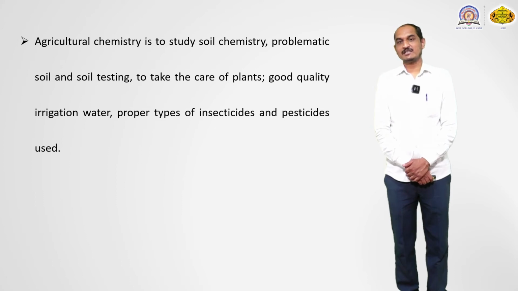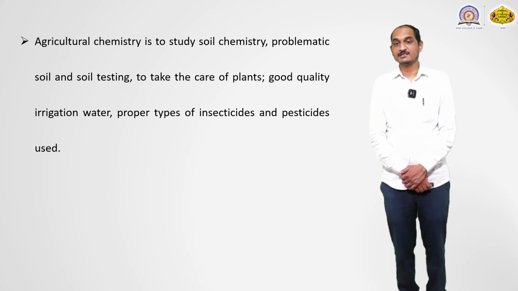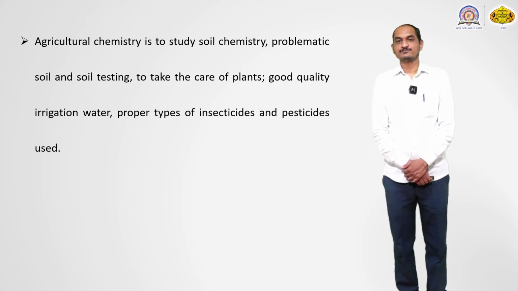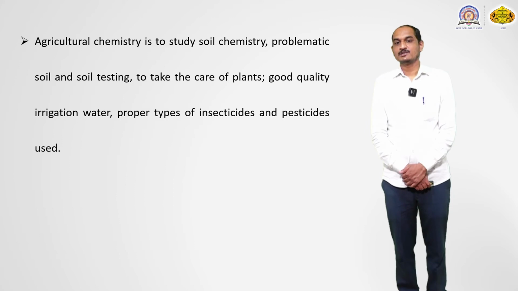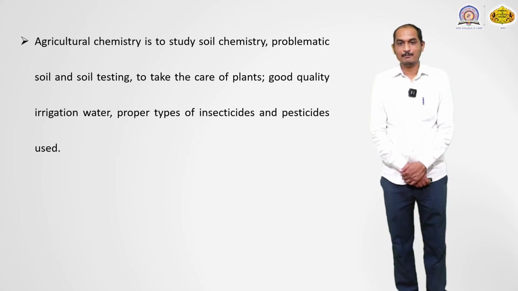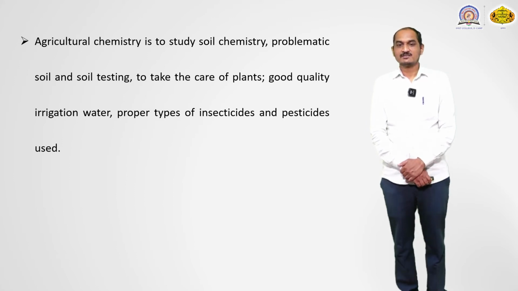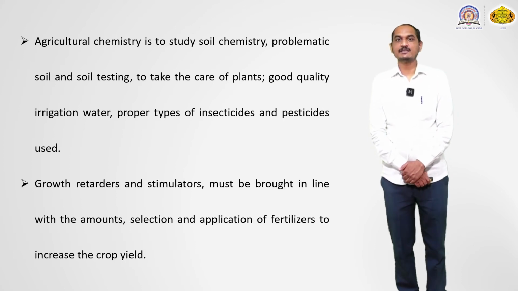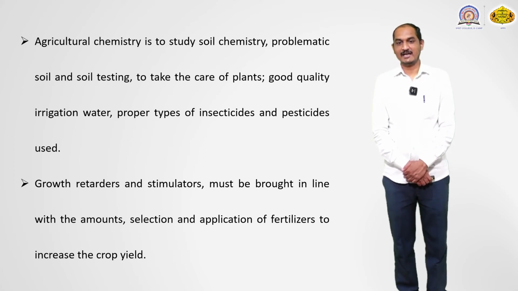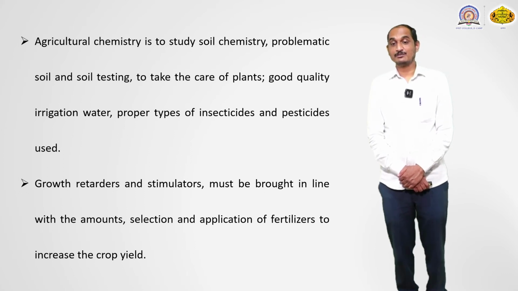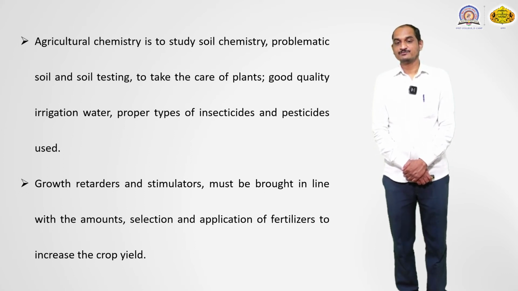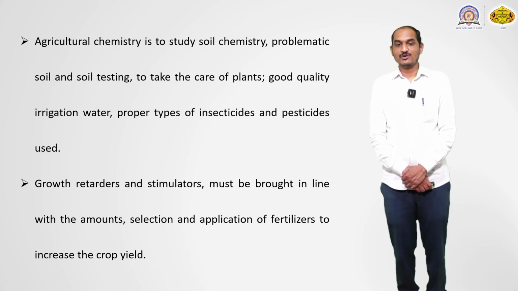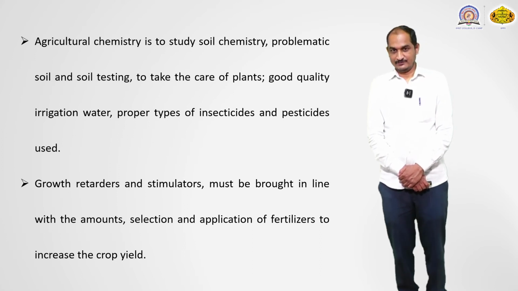So agricultural chemistry studies soil chemistry, problematic soil and soil testing, to take care of plants, good quality irrigation water, and the proper type of insecticides and pesticides used. All this study is included in agricultural chemistry to increase the productivity of any agricultural product. The growth stimulators must be brought in line with the amount, selection and application of fertilizers to increase the crop yield.